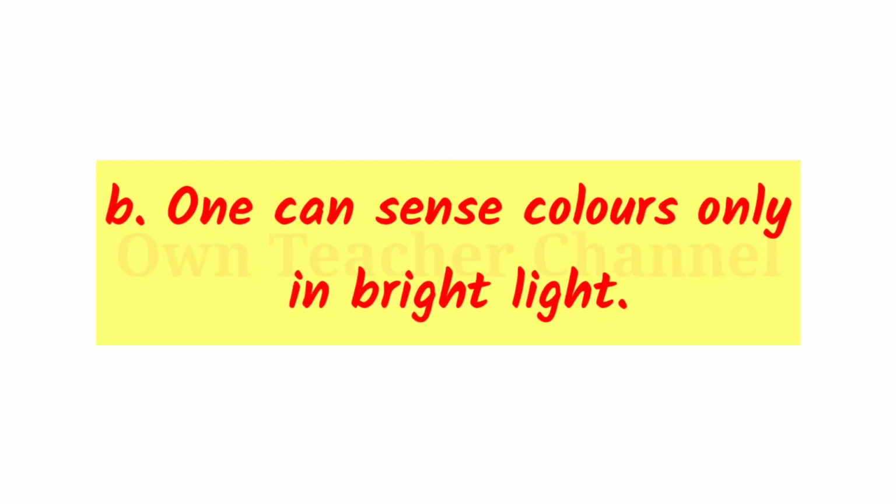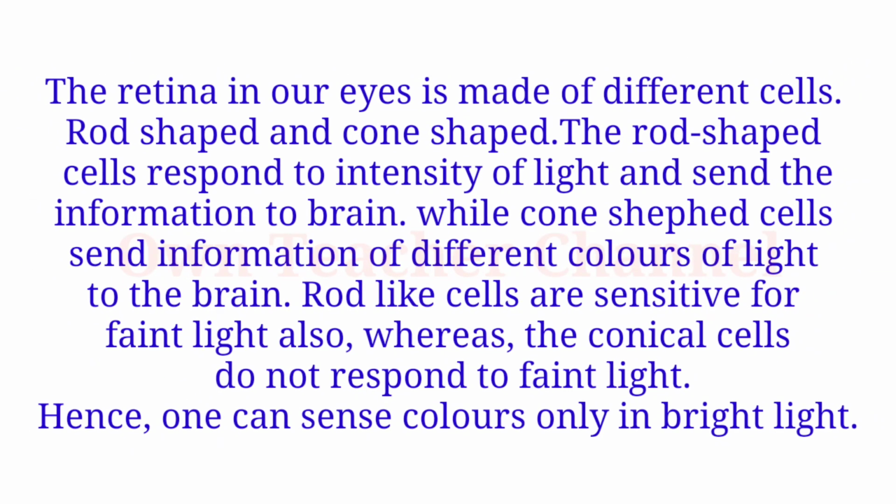B. One can sense colors only in bright light. The retina in our eyes is made of different cells, rod-shaped and cone-shaped. The rod-shaped cells respond to intensity of light and send the information to the brain, while cone-shaped cells send information of different colors of light to the brain.